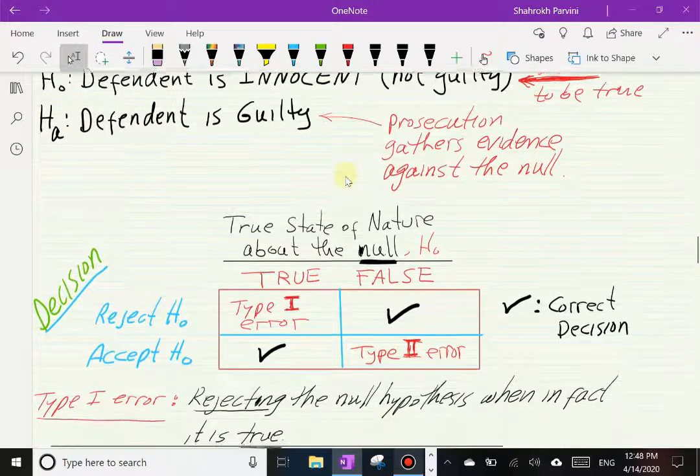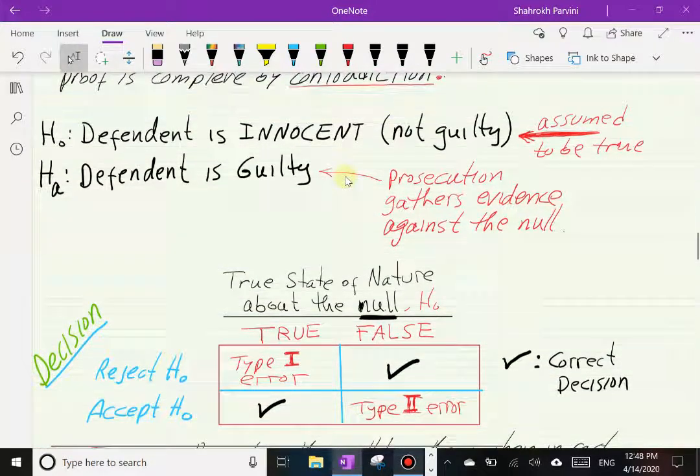Now, what I have down below is a table, a 2x2 table, 2 rows, 2 columns. The label of this table is the true state of nature about the null hypothesis. What do I mean by true state of nature? The true state of nature means how things truly are, and nobody knows.